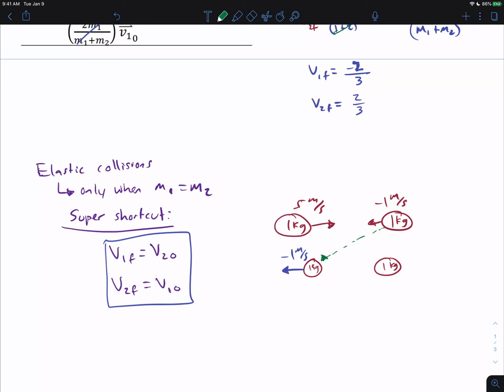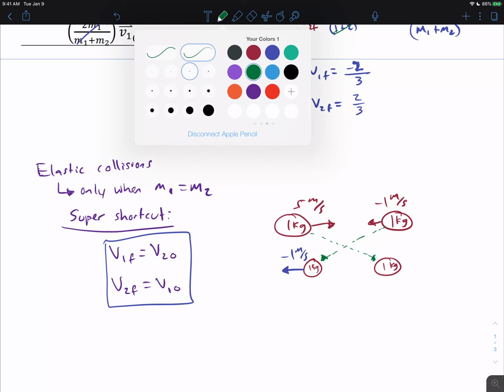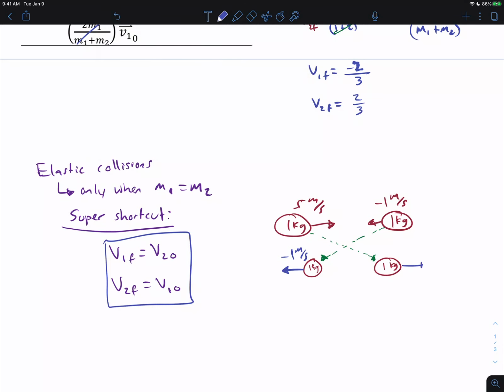So he's taken over the role of mass 2, and mass 2 has taken over the role of mass 1, and so mass 2 is now going to be moving at 5 meters per second. They essentially switch places of what they were doing. They don't switch directions, so it's not 5 and negative 5, or 1 and negative 1. It's really that they switch places.